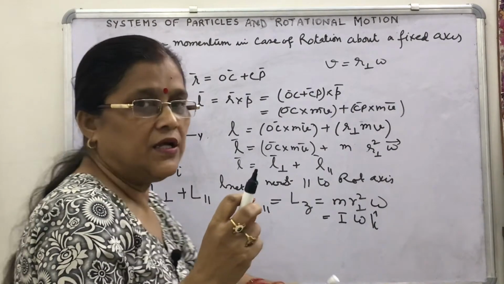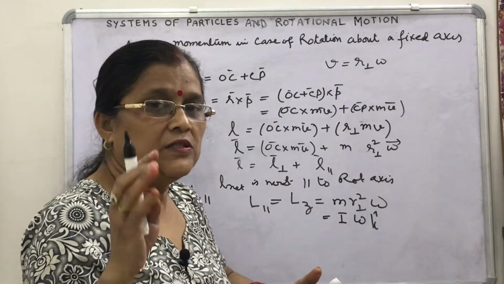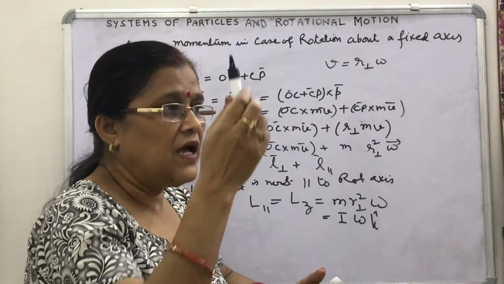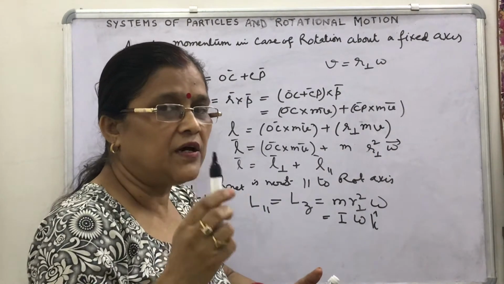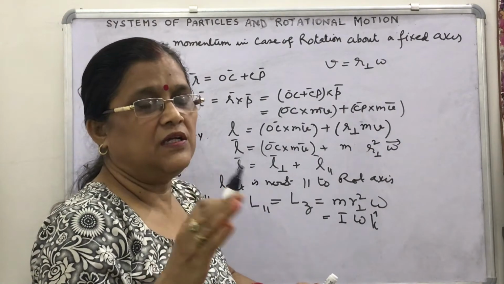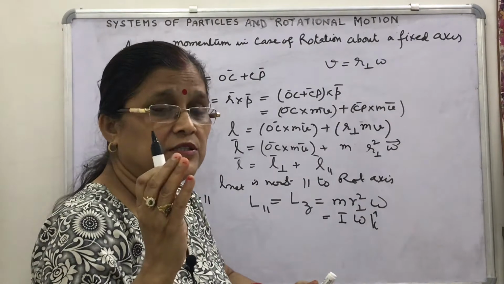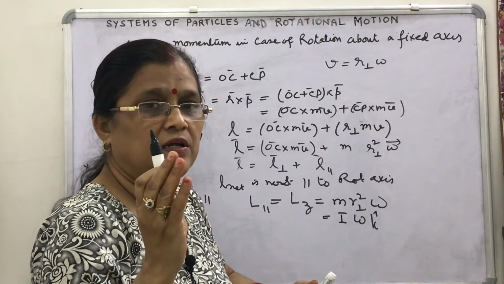For the body, generally we take symmetrical bodies. Symmetrical bodies means that the axis about which they are rotating, the body is said to be symmetric about it.